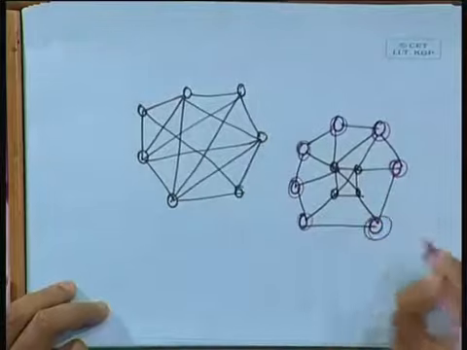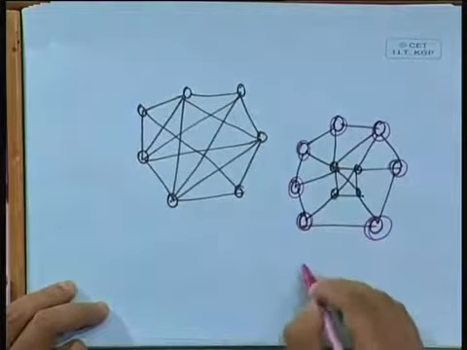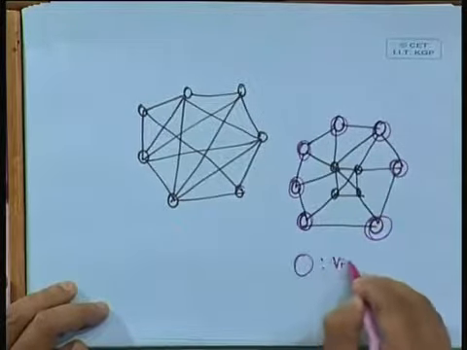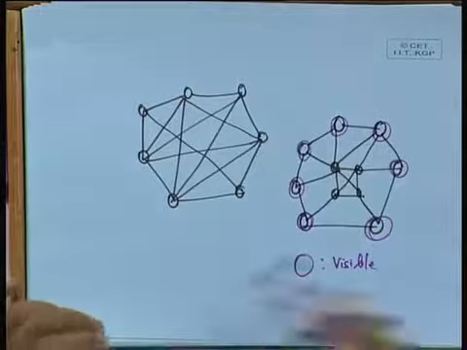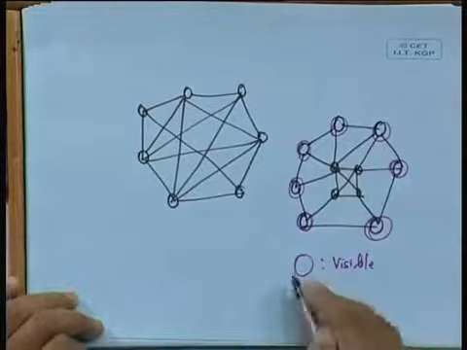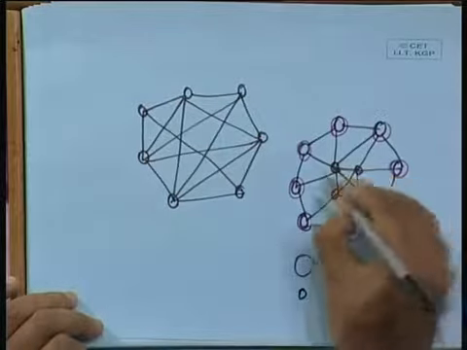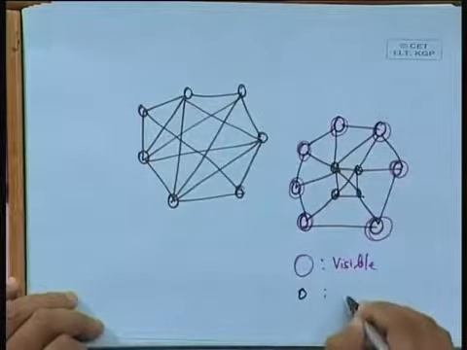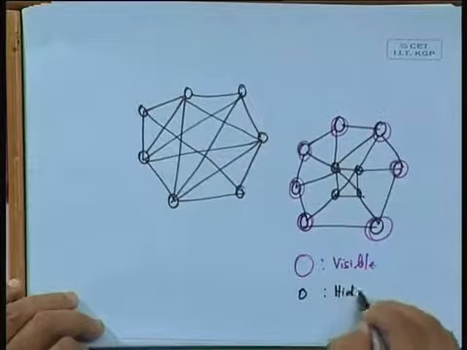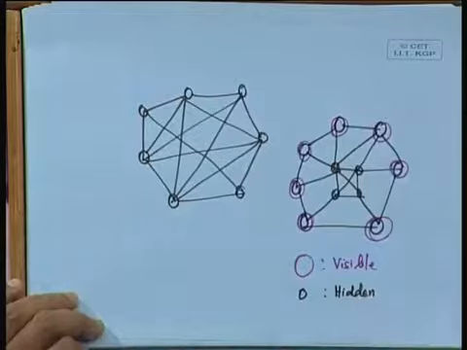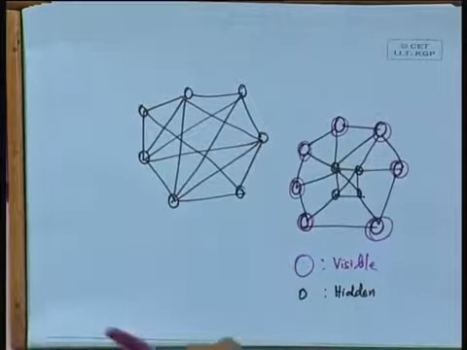All these neurons which I have marked with a different color, we call the visible neurons, and the ones which are inside, which are not colored, which are marked as black only, they are hidden neurons. So, we will typically have visible neurons as well as hidden neurons.